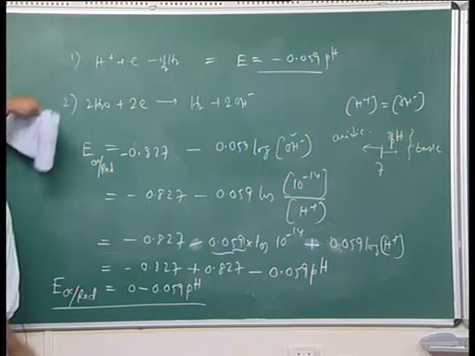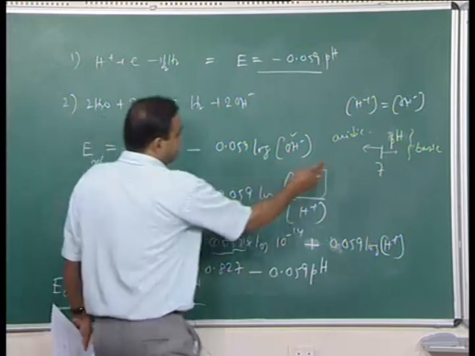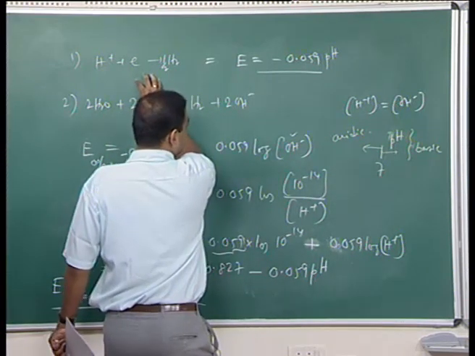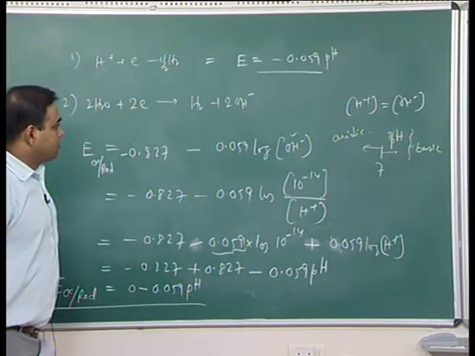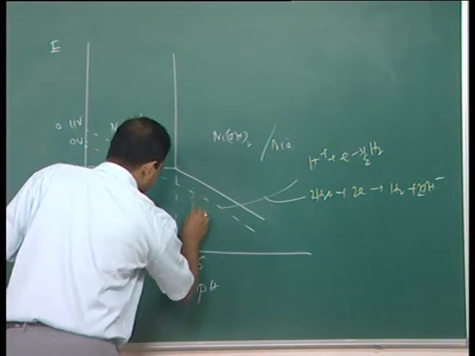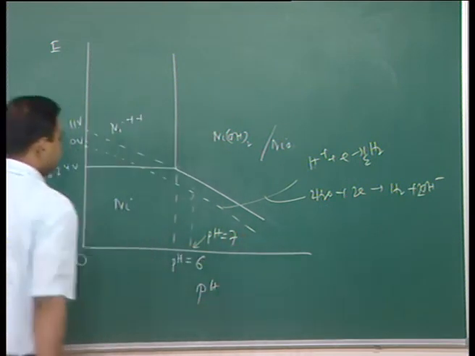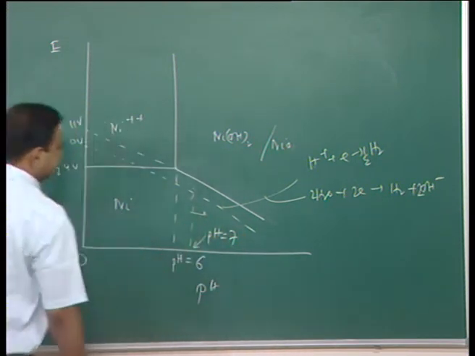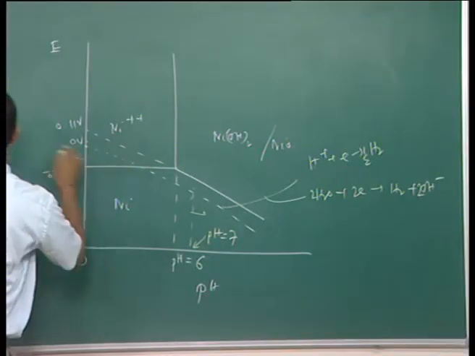So this is basic, and less than 7 would be acidic, where you have excess H plus. That suggests that this reaction would happen in acidic medium, and this reaction would happen in basic medium as well as in neutral solution, because up to neutral solution this reaction is possible, and from neutral to basic this reaction is possible. So we have a clear cut definition, which is basically nothing but pH equal to 7.